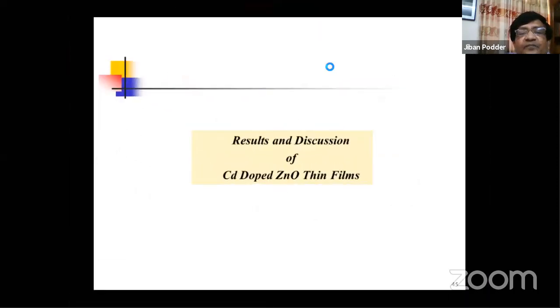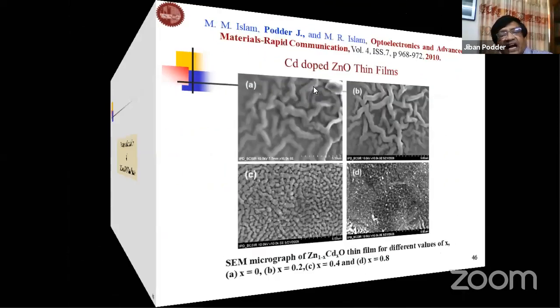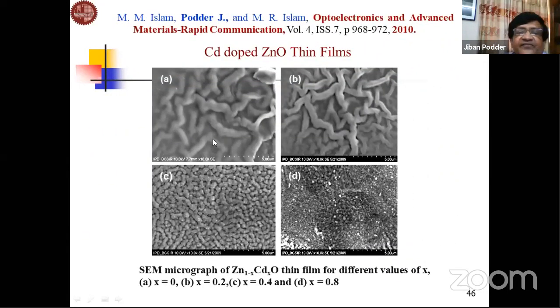Second, I'll talk about the cadmium doped zinc oxides. Mainly, you see here the fiber structures in the pure form, the pure zinc oxides. At low concentration the fibers still exist, but at higher concentrations of cadmium they are broken.